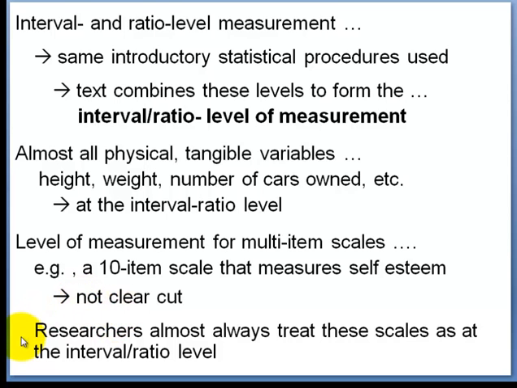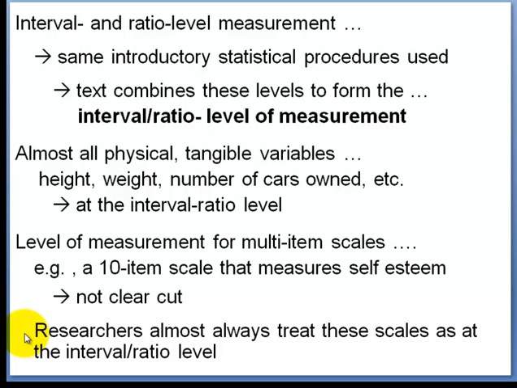Formally speaking, these total scale scores for multi-item scales, that is the scores summed up for all of the individual items comprising the scale, formally they're not at the interval ratio level, but it is the case that pragmatically most researchers treat these scales as at the interval ratio level.